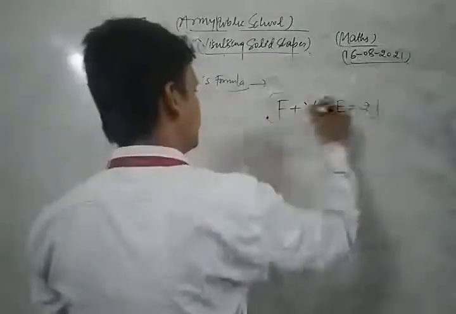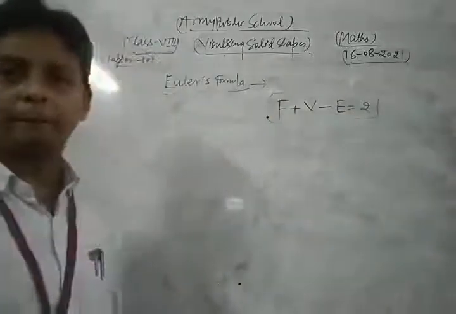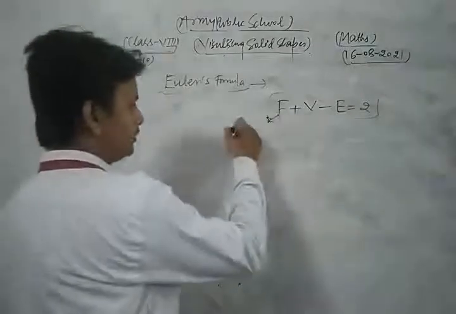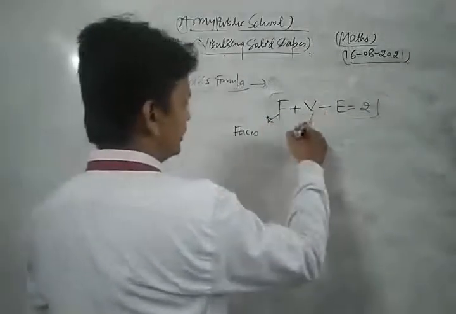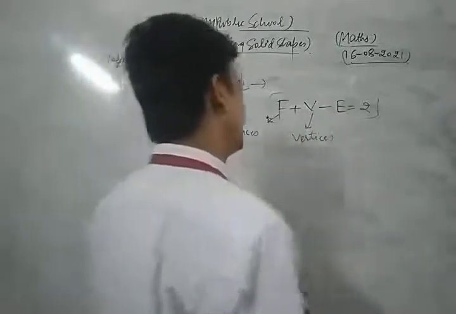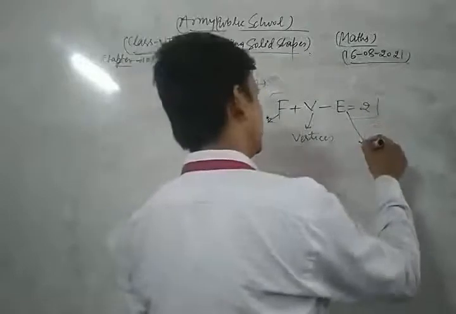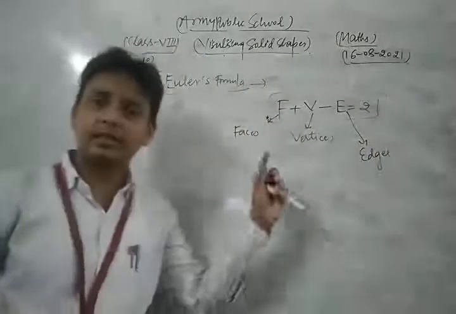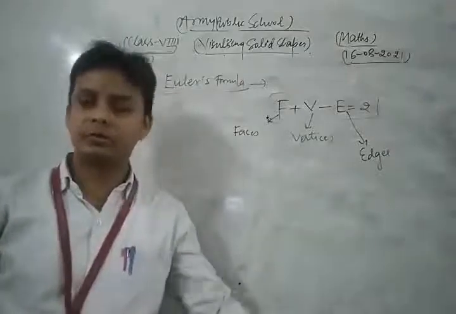That is, faces plus vertices minus edges is equal to 2. F is the faces of the solids, V is the vertices, and E is the edges of the shapes of solids. So this is the very important relation, and we take some important questions based on it.